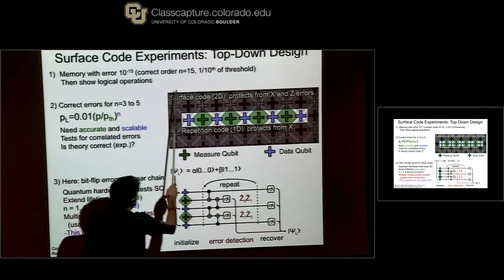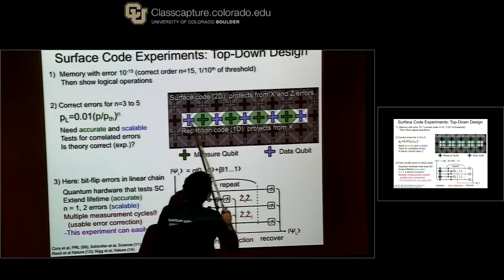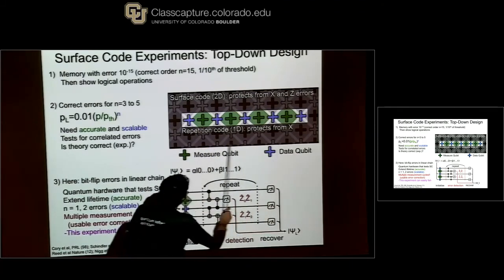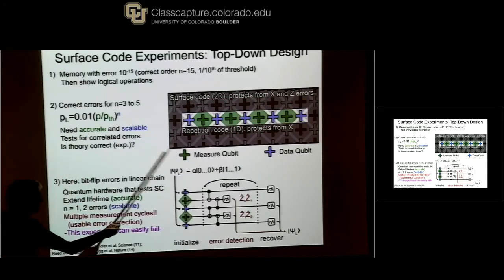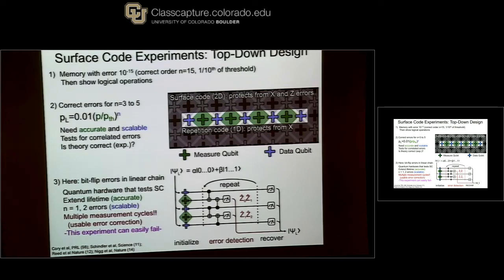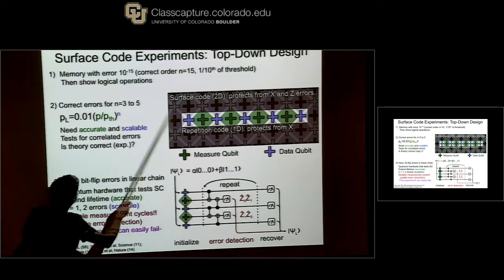What we're going to do is take the surface code and just take a linear array of these things and only do bit flip correction, but do everything else in the repetitive way that you would do the surface code as a way to test the idea. So everything is getting tested in the right way, except we're only doing a 1D array instead of a 2D array. But we're trying to do the base experiment and do this right.